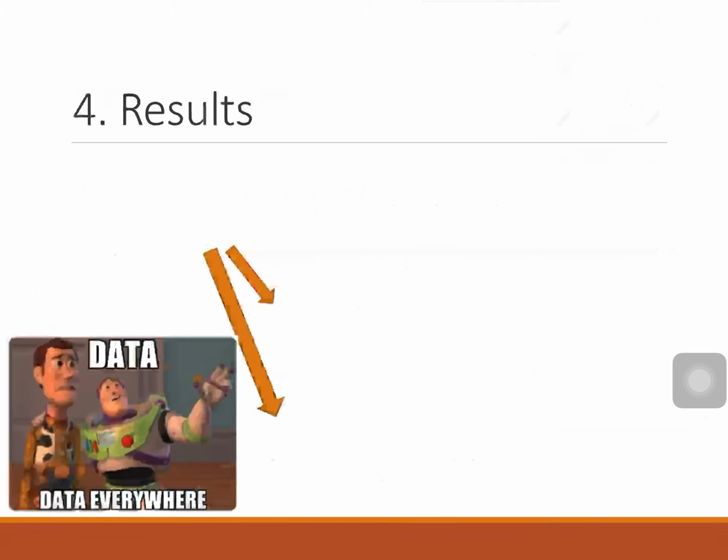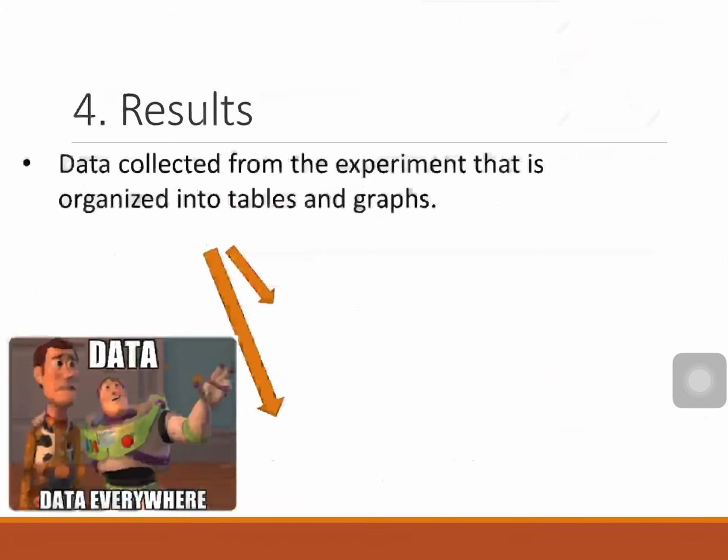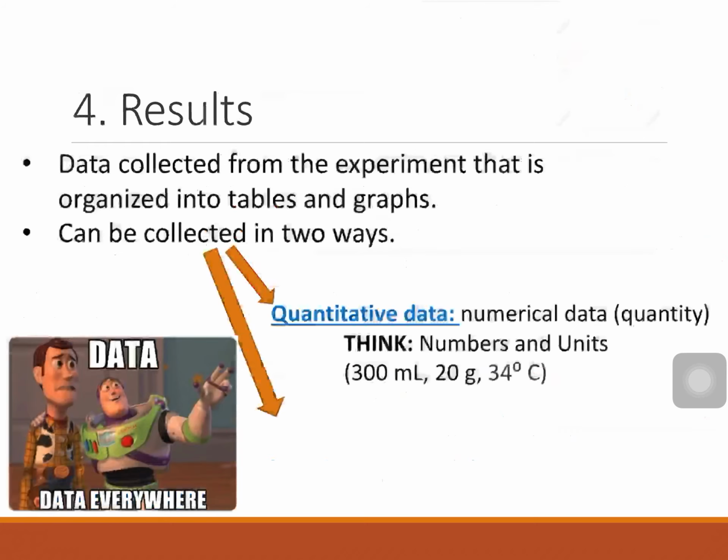Okay, so after we do our experiment, we're going to figure out our results. And so we are going to collect a lot of data in biology, and we're going to end up putting these in tables and graphs. And so this can be collected in two ways, and you are going to hear these words so often, so please get this in your brain. We have quantitative data, and think that is quantity, okay?